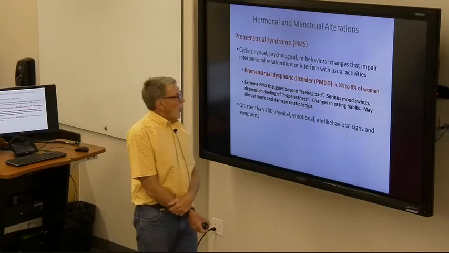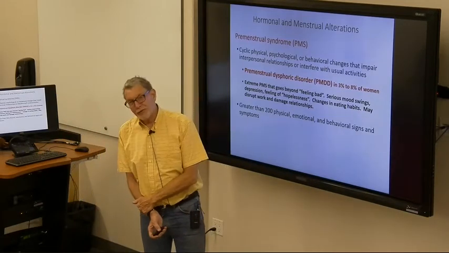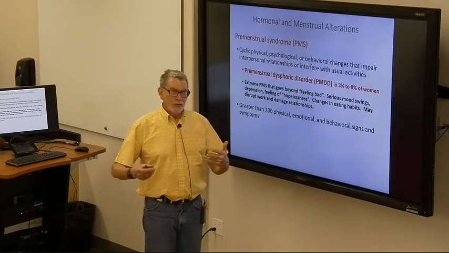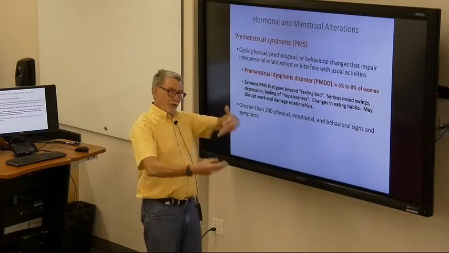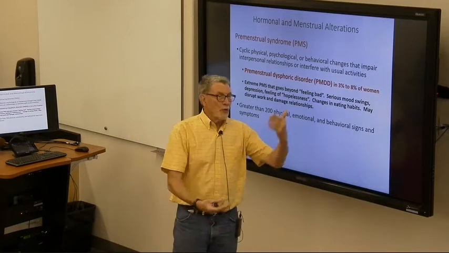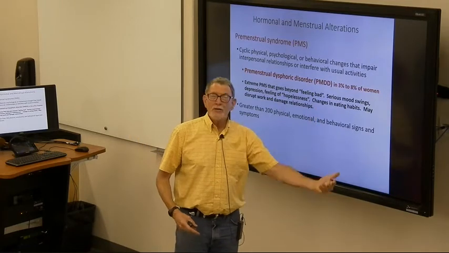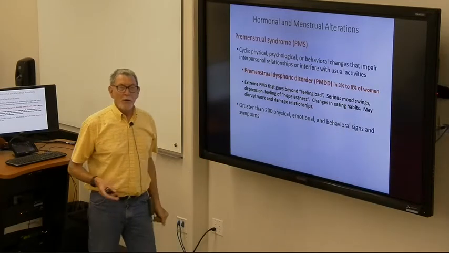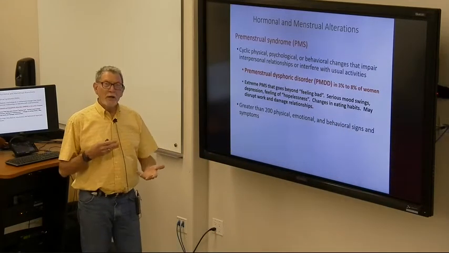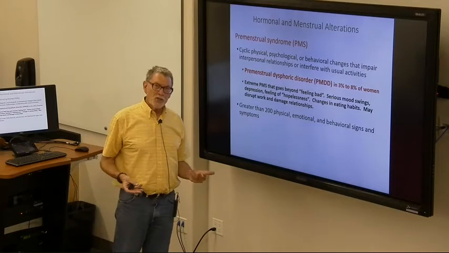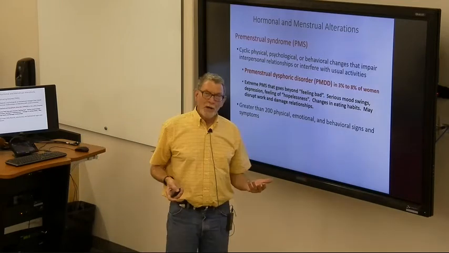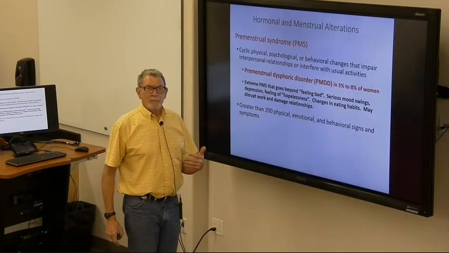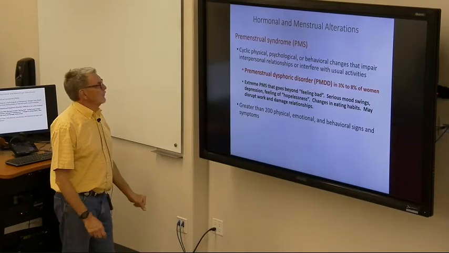PMS. Almost every woman experiences some degree of premenstrual syndrome as all of the hormone levels suddenly reverse, so that you can ovulate and you can slough off. So PMS is a hormonal switch that causes a certain amount of agitation or depression or just feeling bad about things.